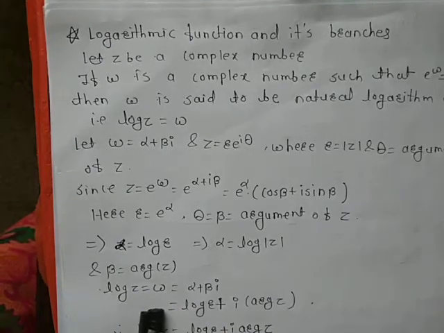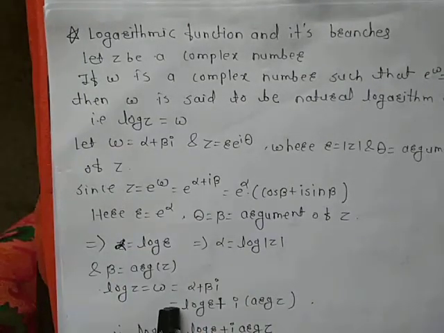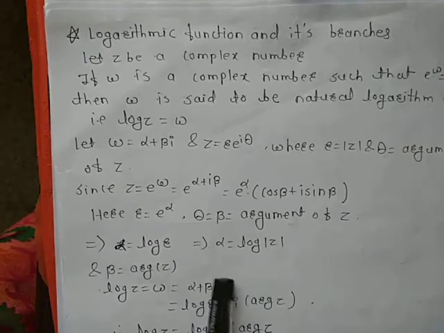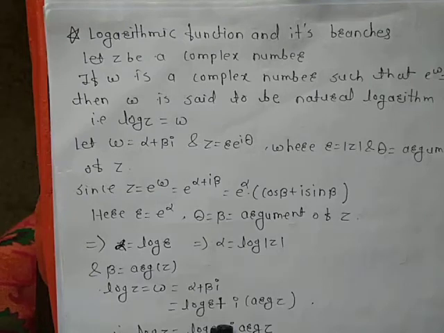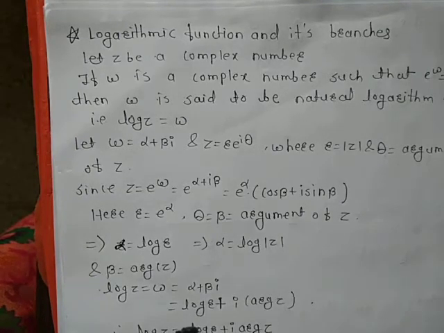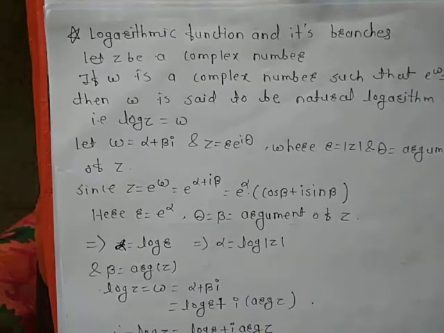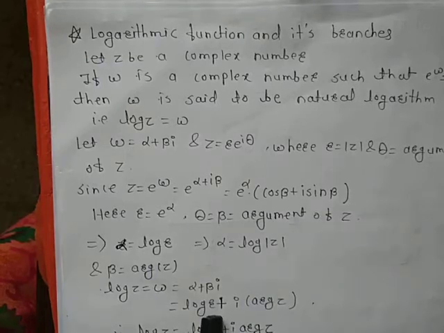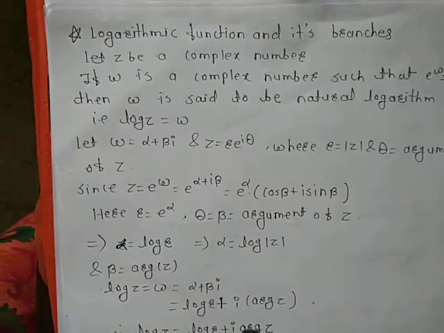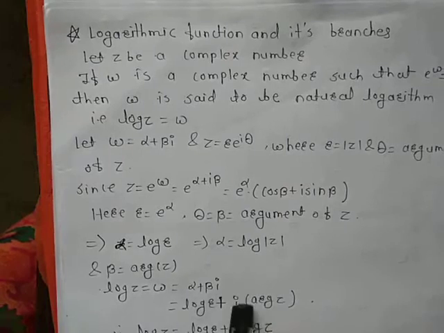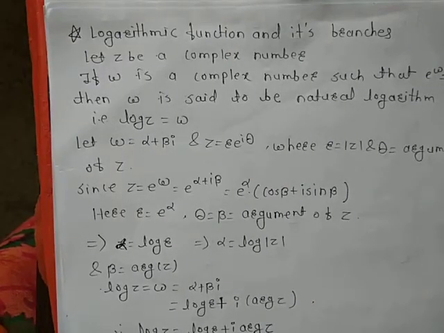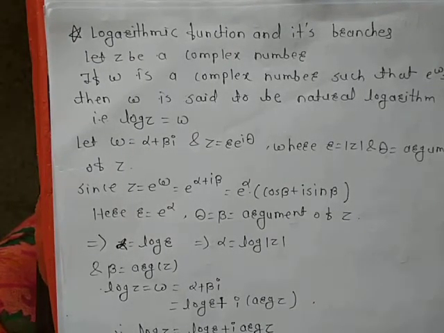So log z is equal to omega, which is alpha plus i beta, which is log r plus i into the argument of z. Means log z can be written as log r, where r is the modulus of z, plus i into the argument of z. For better understanding, we will see some examples.